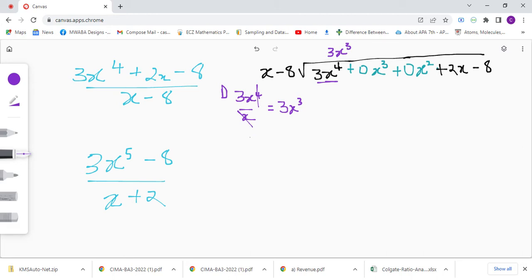Step 2, we multiply. 3x cubed times x, we get 3x to the power 4. 3x cubed times negative 8, we get negative 24x cubed.